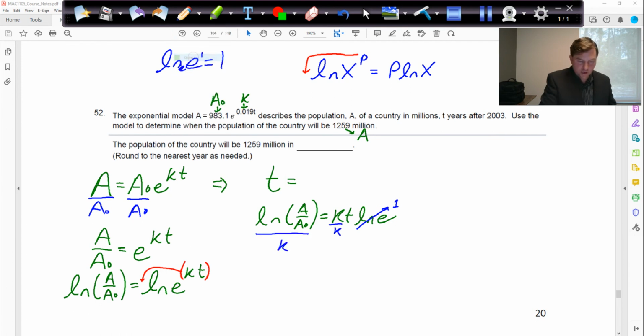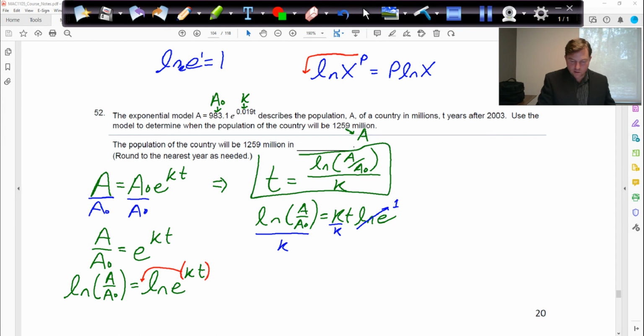And so we can write t is equal to the natural log of the ratio of A to A0, all divided by the growth rate or decay rate, depending on what it is. And now we have a new equation. And now this equation we can use and just plug and chug into using our numbers to get whatever we might be interested in.